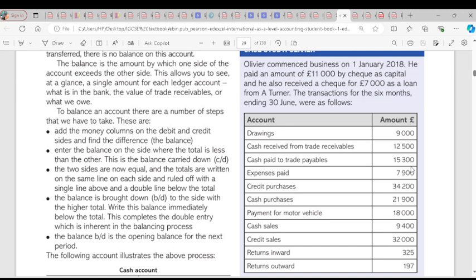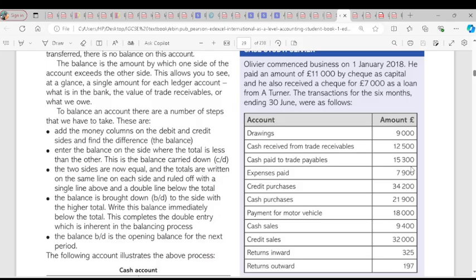Drawings. We have our drawings account, right? Did I open drawings? No. So we need our drawings account anyway. We can open drawings here. So we have drawings from the owner of the business, 9,000. It's going to be on the debit side.